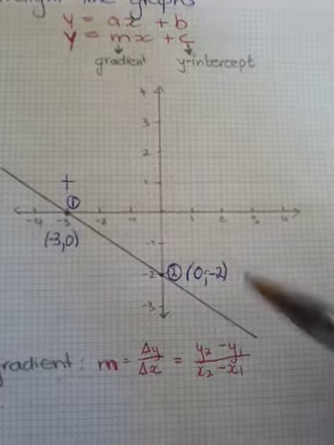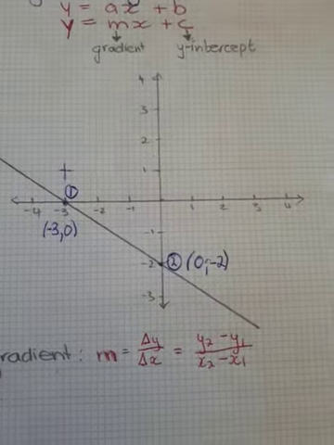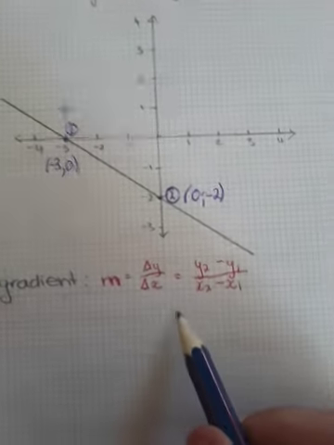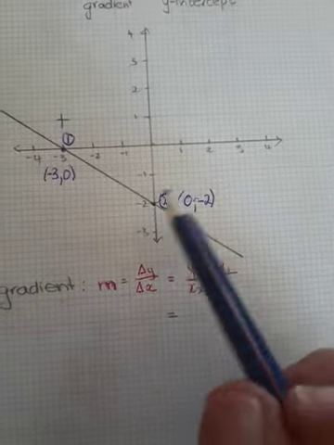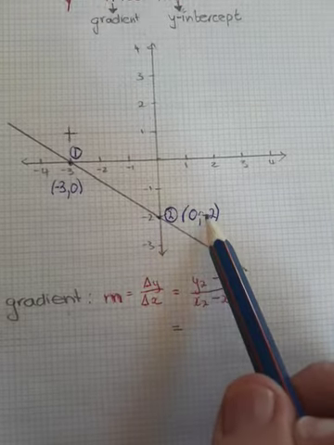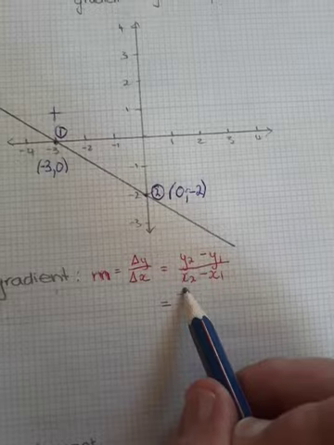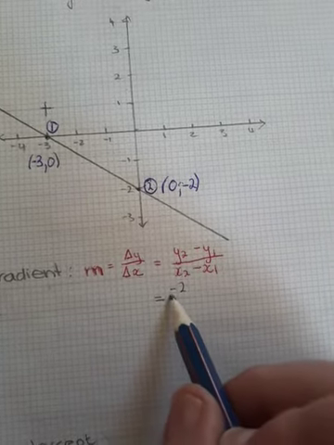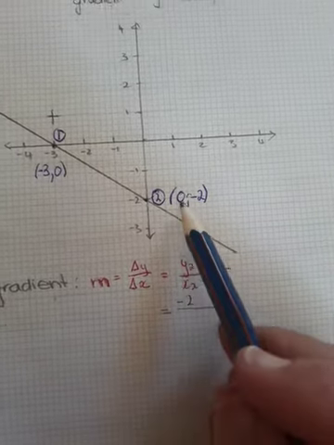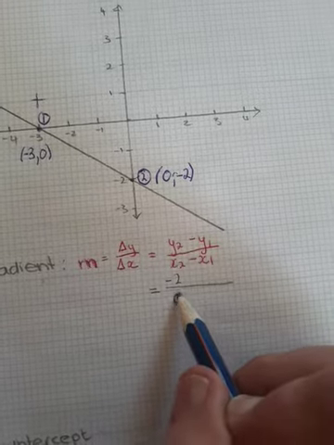Now you simply substitute that into the formula. If you look at y, this is point 2, y2 is -2, over x2 which is 0.